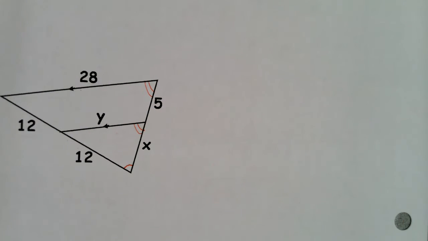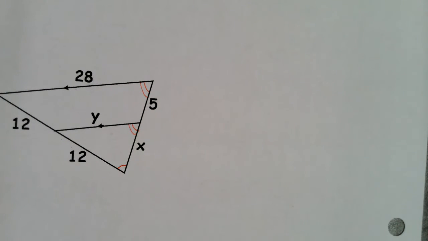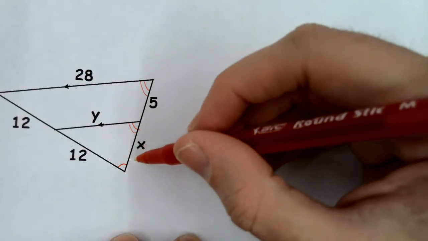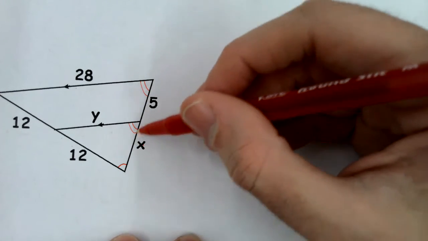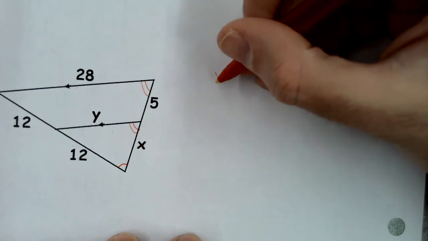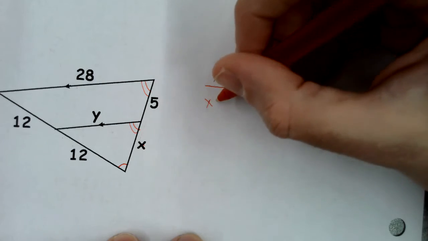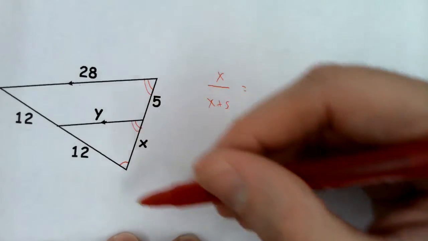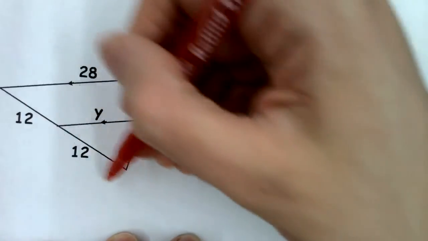So for my proportion, I'll do this. Let's start with x. I'm going to do x over this entire side, x plus 5. x over x plus 5 equals 12 over this entire side of 24.